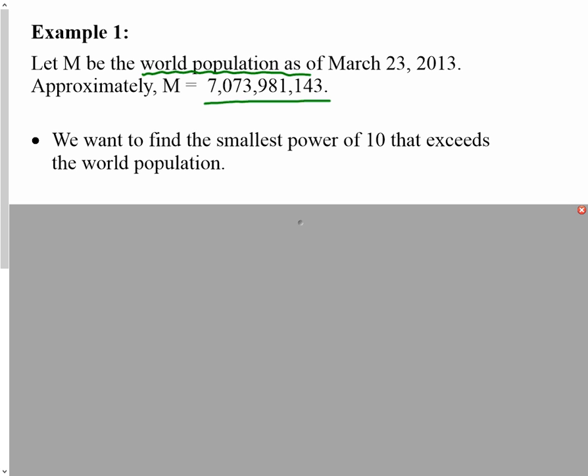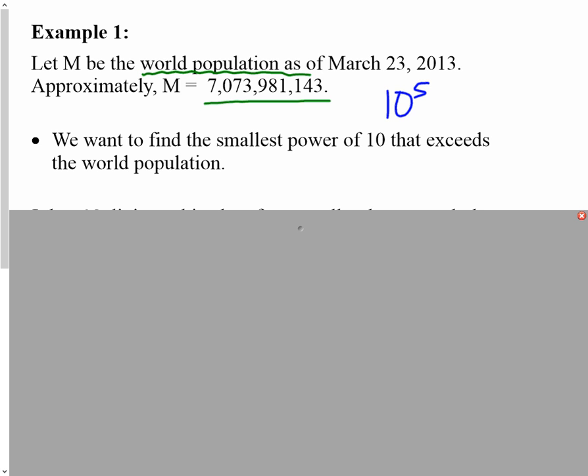Now we want to find the smallest power of 10 that exceeds the world's population. What I mean by that is you could take 10 to any power, let's say 10 to the 5th power. We want to see what's the smallest one where 10 is the base, so that it's bigger than that world population.